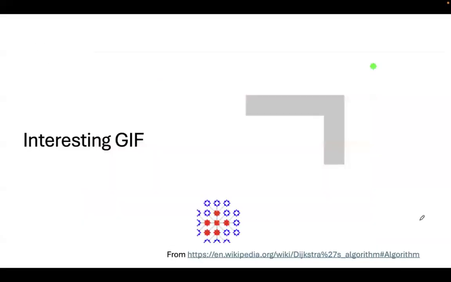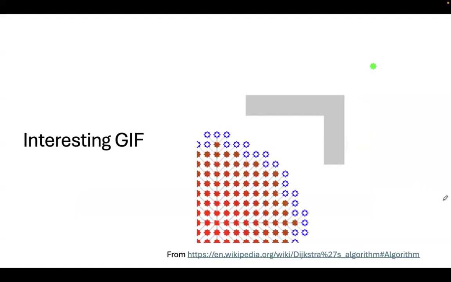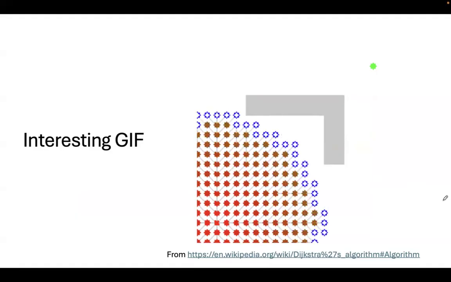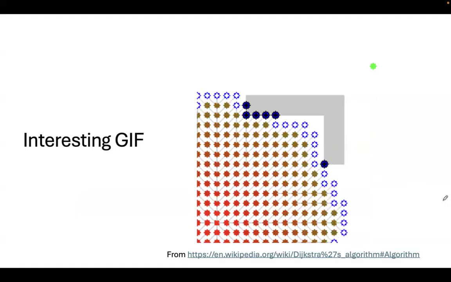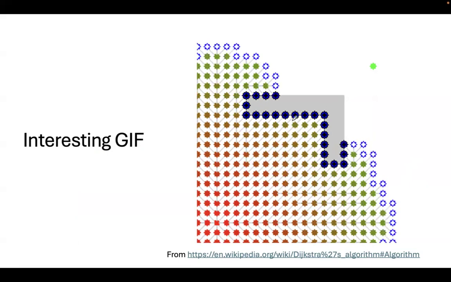All right. I found this GIF when I was on the Wikipedia page. This is how a robot is trying to figure out what's the shortest path to get there by exploring all these possible options. So it's kind of like a wave as it goes, and it figures out, oh, this is not possible.